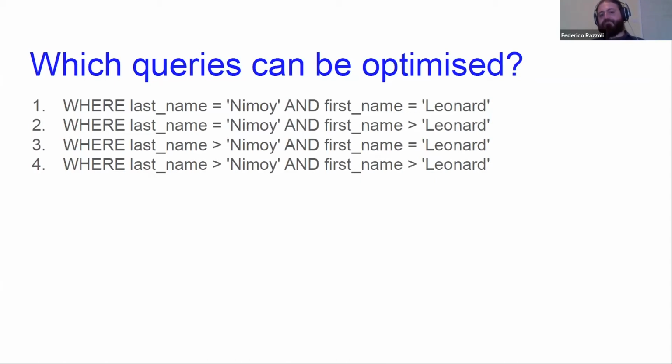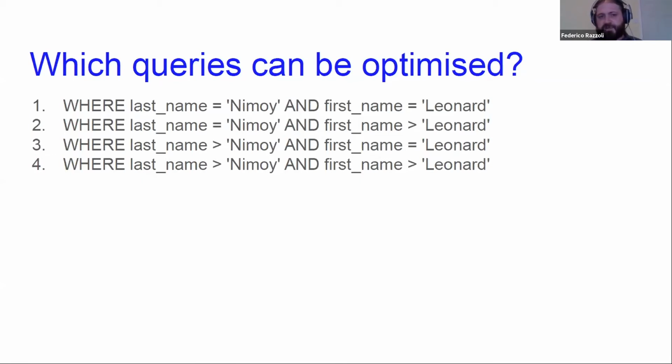So, for example, we find all the last names greater than Nimoy, but for each last name, there could be 1 or more Leonards, okay? The order doesn't really help here. So yes, MySQL will use an index for the first part, but this will not help a lot, okay?